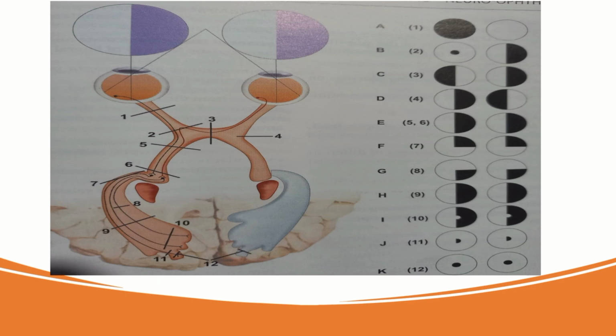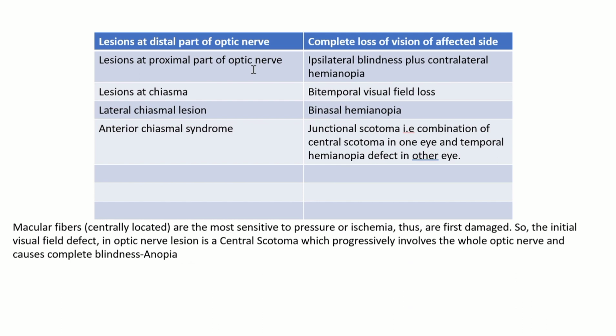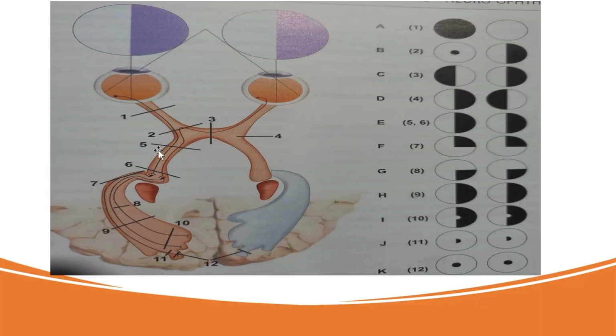Now what happens when there is a lesion at the proximal part of the optic nerve? Here, this is the optic chiasma, this whole part. The proximal part means this part of the optic nerve.